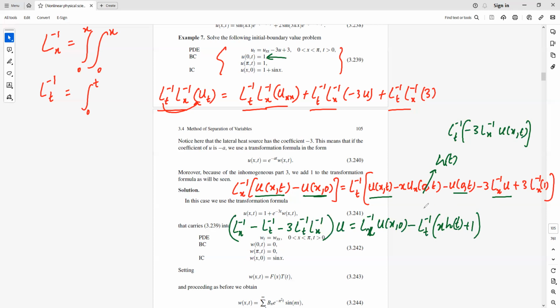And then we have positive LT inverse LX inverse applied on 3.